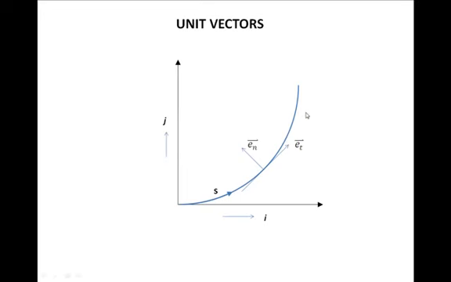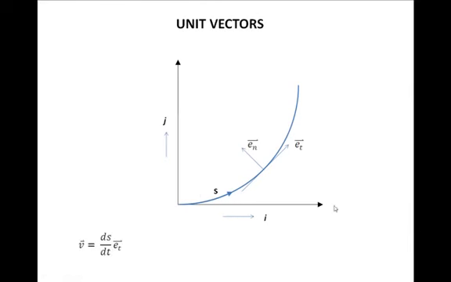Therefore, if we define Et as the unit vector along the tangent and En as the unit vector along the normal, then these vectors are no more constants. Of course, the magnitudes are constant, but the direction keeps changing, and therefore these are not constant vectors like i and j. But in spite of this, we find that for many problems it is convenient to express velocity and acceleration in terms of Et and En rather than i and j.